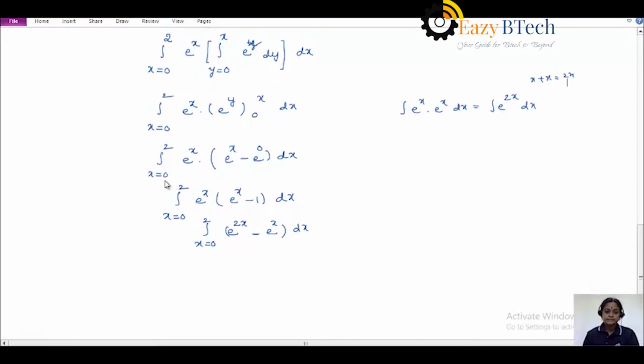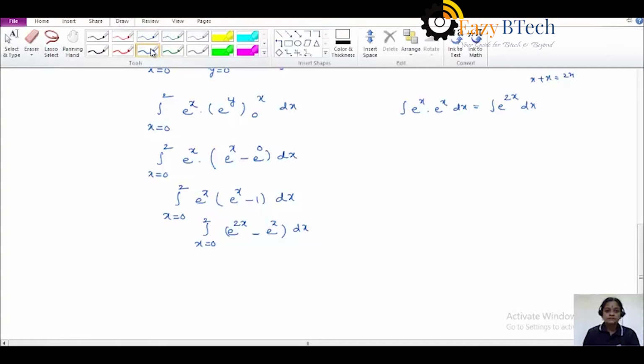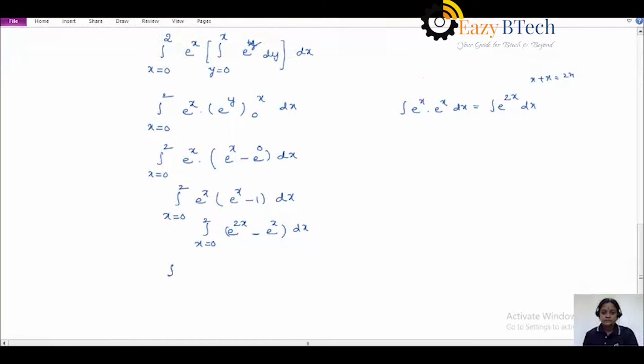Doing the integration. Integral x is equal to 0 to 2, divide the integration, then it will become very easy for you. X is equal to 0 to 2, e power 2x dx. So e power 2x integration is e power 2x by 2, and e power x integration is e power x only.